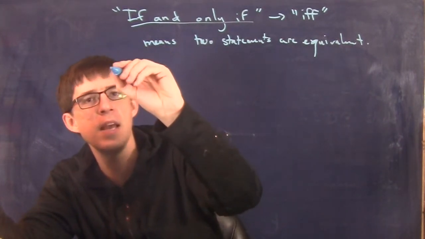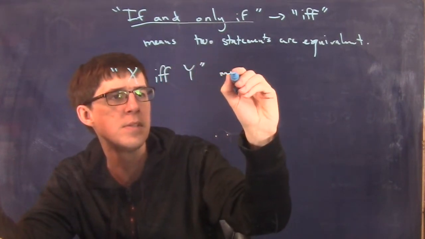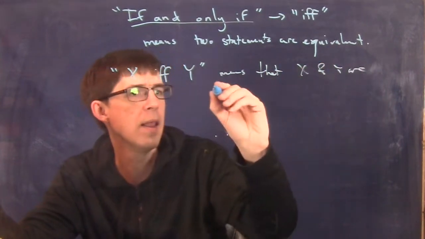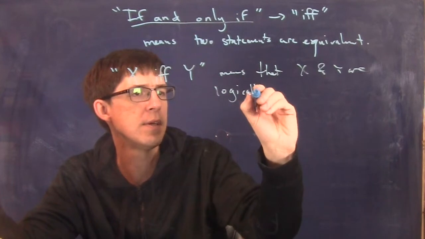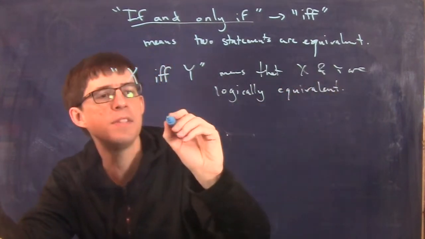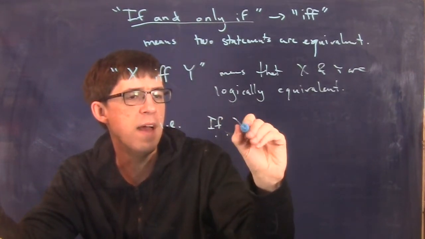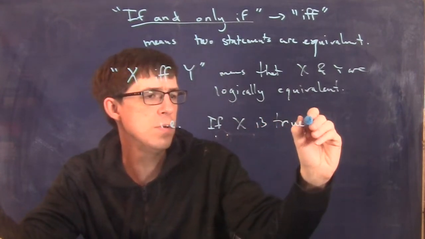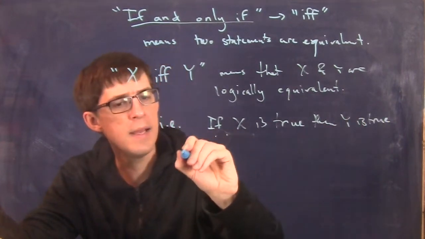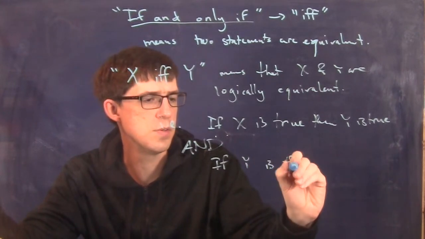So for instance, if I say x if and only if y, this means that x and y are logically equivalent. That is, if x is true, then y is also true, and if y is true, then x is true.